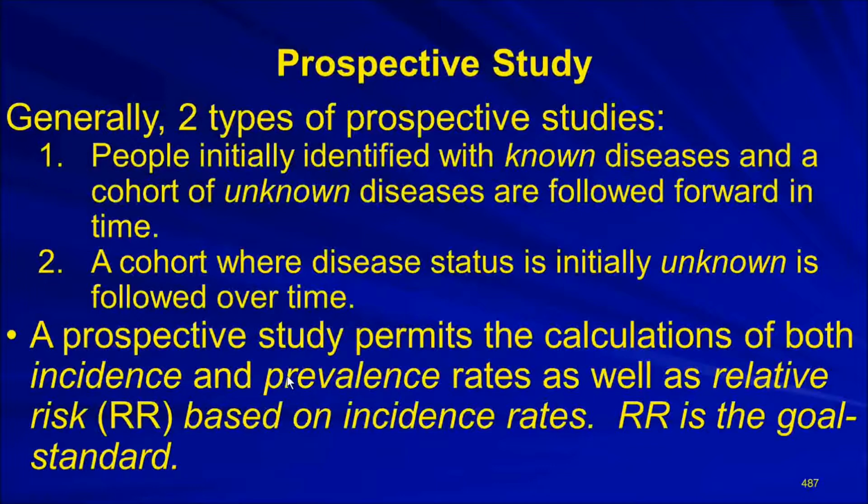I haven't talked to you about any of the statistics yet, but oftentimes people will mention relative risk. Immediately, because we know statistics are associated with study design, when somebody says relative risk, that means a longitudinal or prospective study.